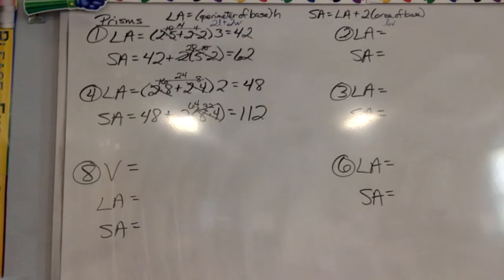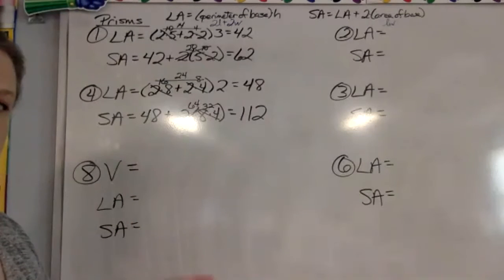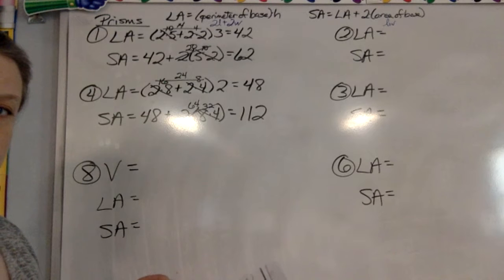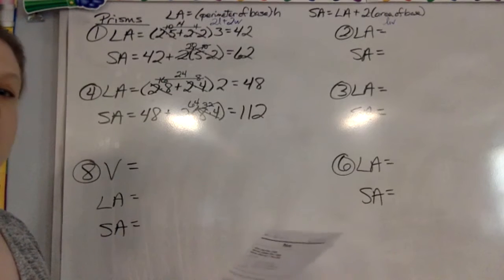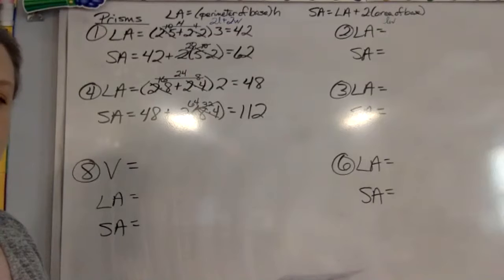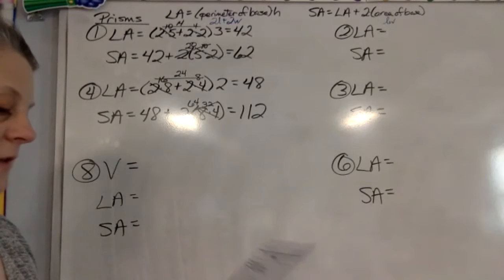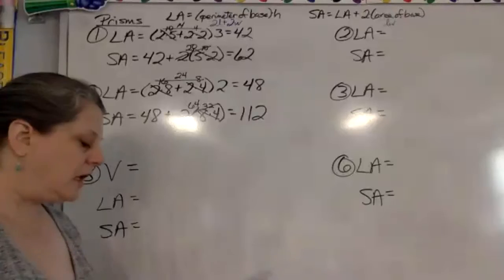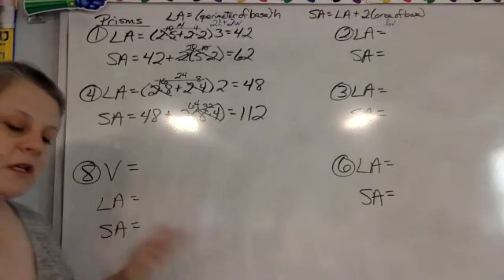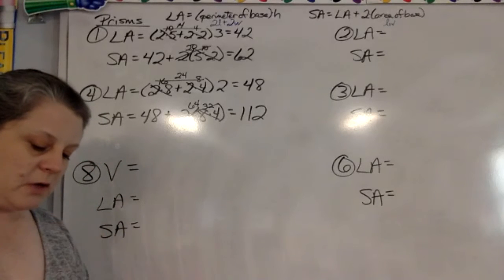Okay. Now, you're doing the same basic thing for number 8, but I wanted to do it because it's not just a rectangular prism. It has a special name. If all the sides are the same length, it's what we call a cube. So I'll even put the volume up here because this is one you were supposed to have tried to find the volume on your own yesterday.